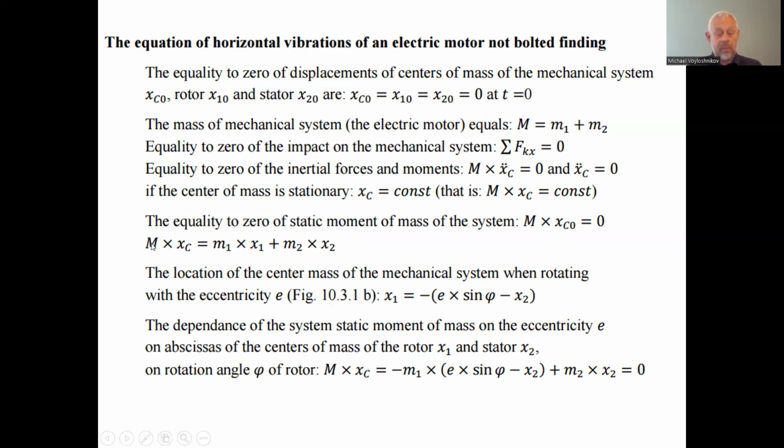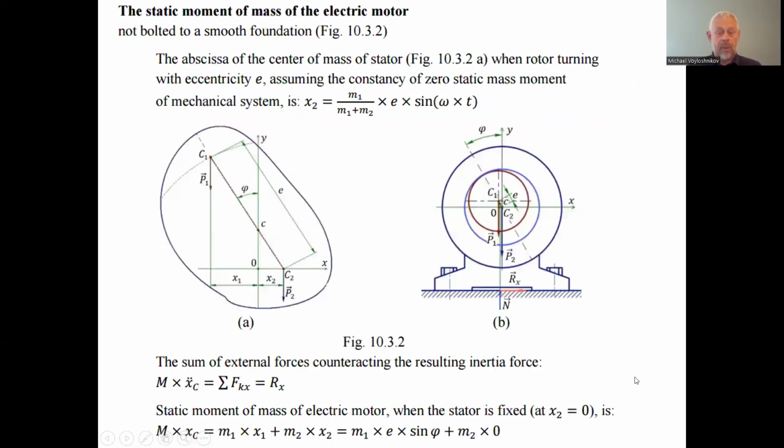The constant static moment is the product of the mass of the mechanical system by the center of mass of the mechanical system. We substitute here this equation for the abscissa of the center of mass of the rotor, and we can find this definite equation. This has to be equal to 0.